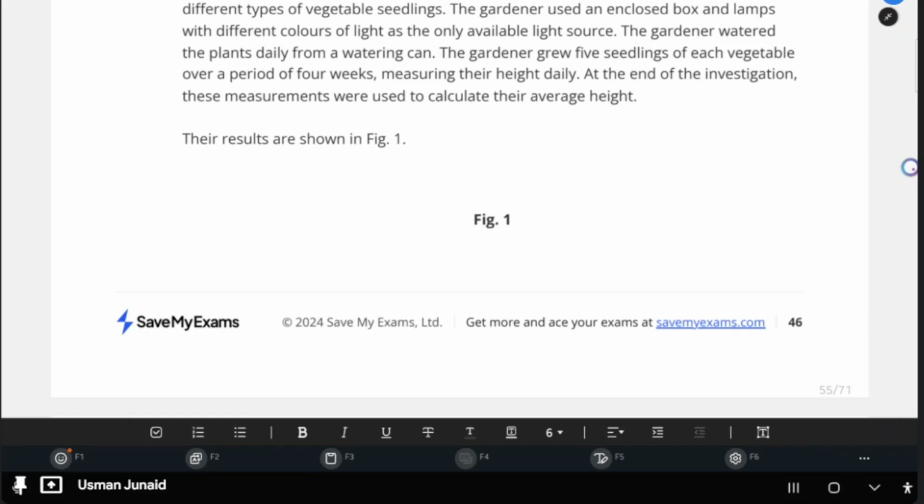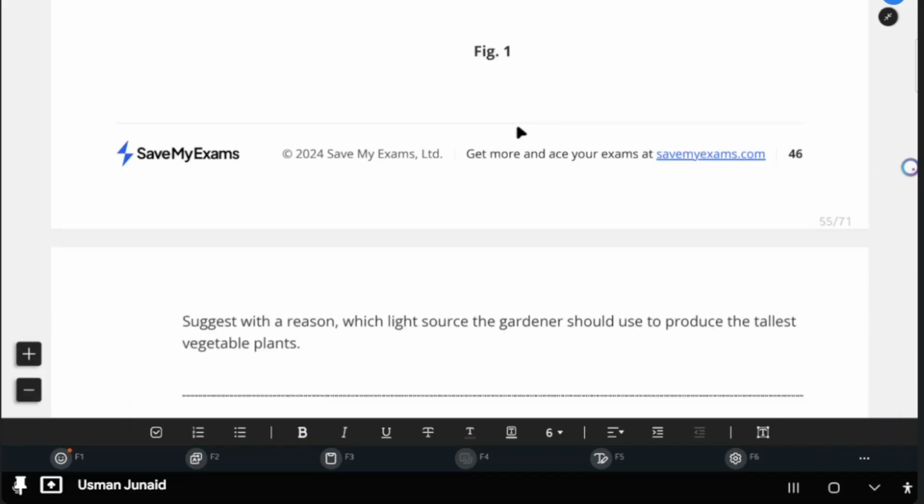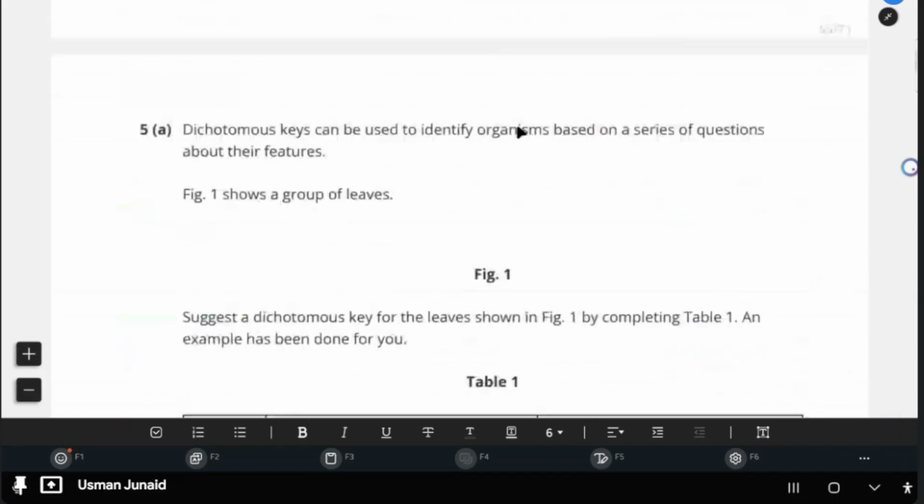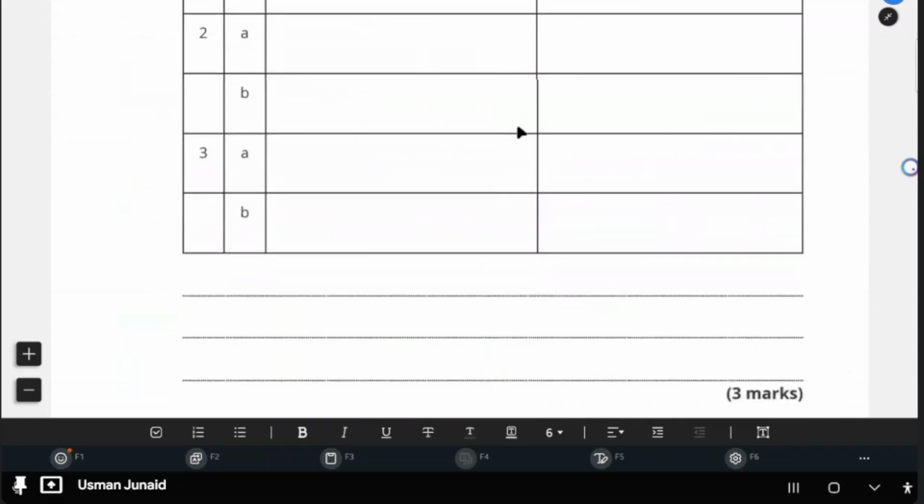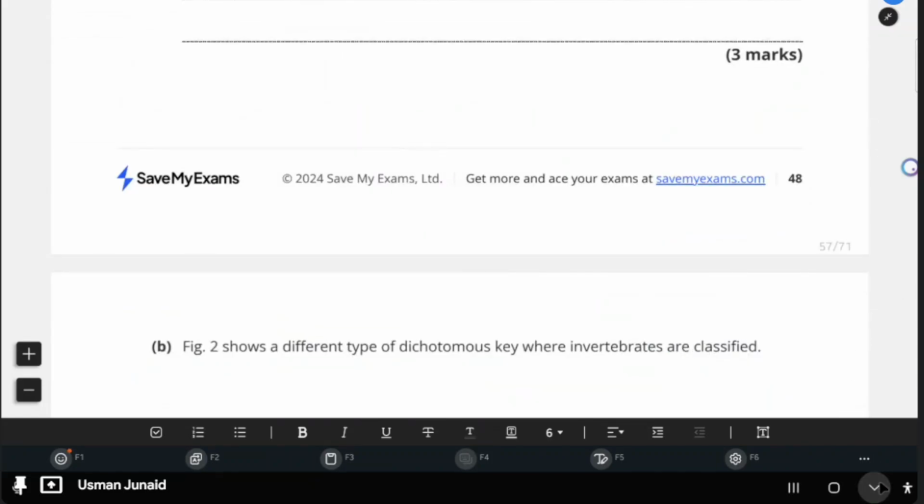I guess this figure has been lost in this question. Okay, so let's leave it here for this.